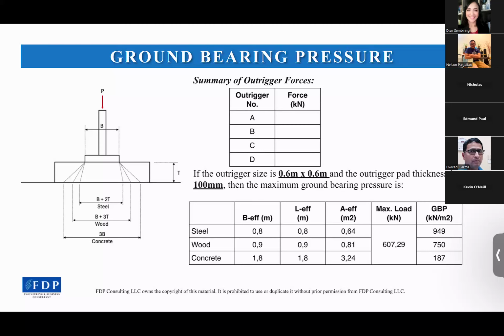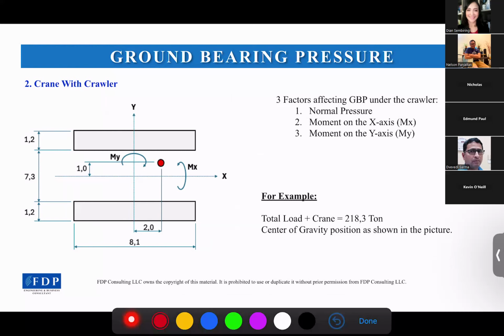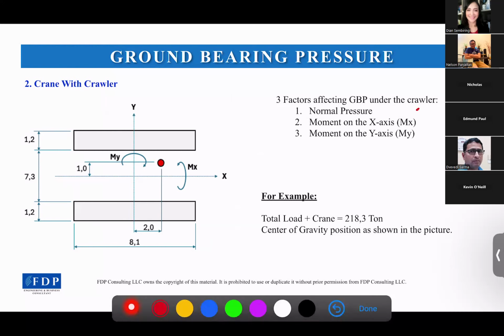If no question, the next one we continue with the crawler crane here. For this type of crane, there are three types of ground bearing pressure that could be considered. First is ground bearing pressure due to the normal pressure. The second is ground bearing pressure due to moment forces on the x-axis. And the third is ground bearing pressure due to the moment forces on the y-axis.